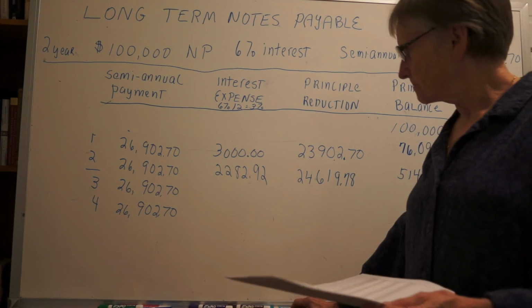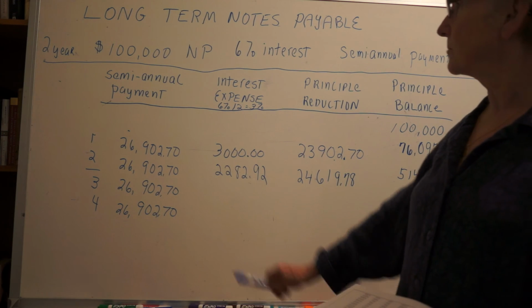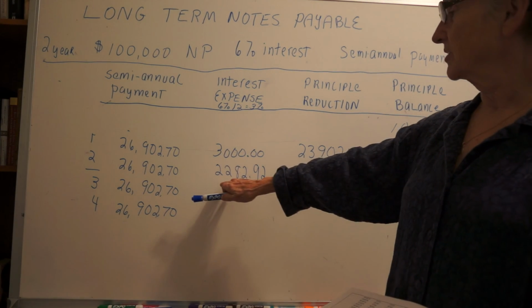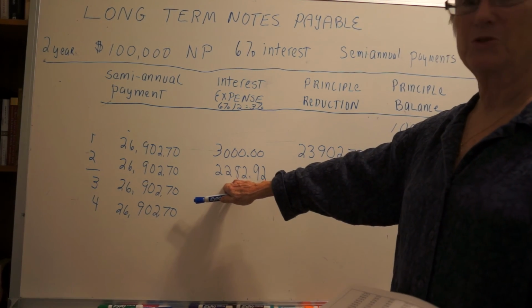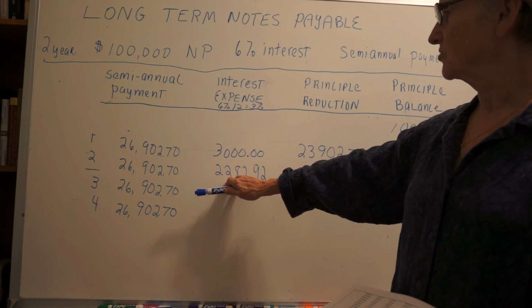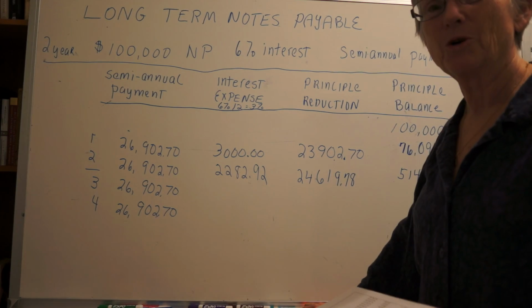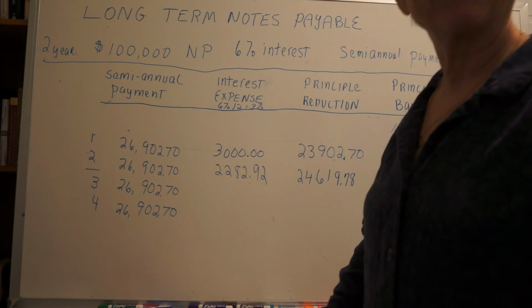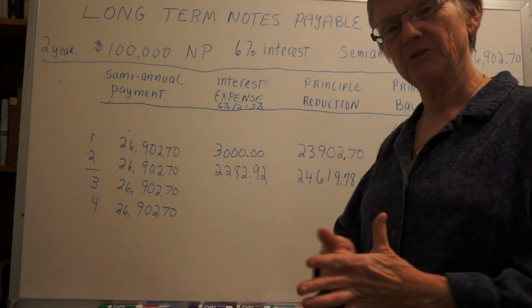Okay, so what you need to know is how to set up a schedule like this. On an exam, you'd just be asked to do the first 2 interest payments, and you have to be able to set up this schedule and then do the journal entries for both of them, as well as to bring the note on the books to begin with.